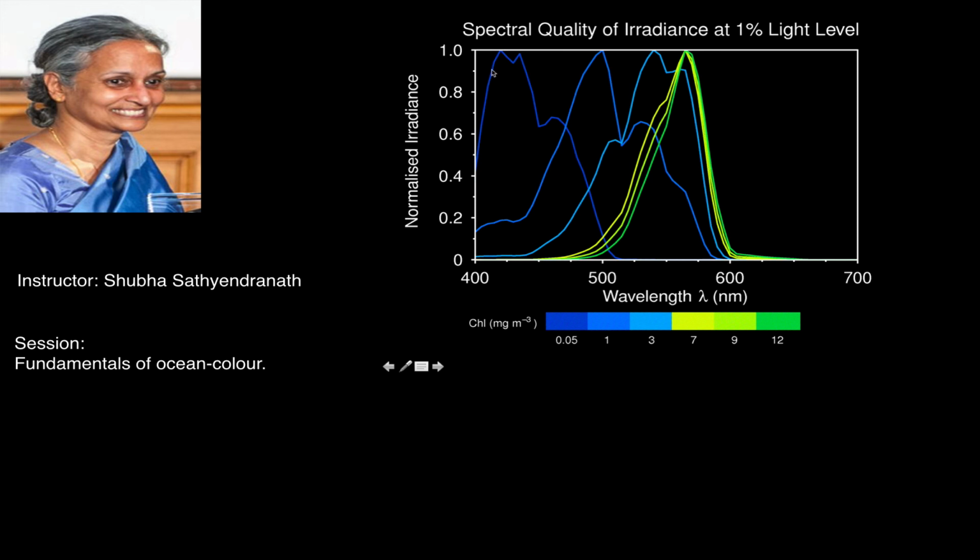It's dictated by the water's own optical properties. But as you add more and more absorbing pigments into the water, the light available shifts from blue towards the green.